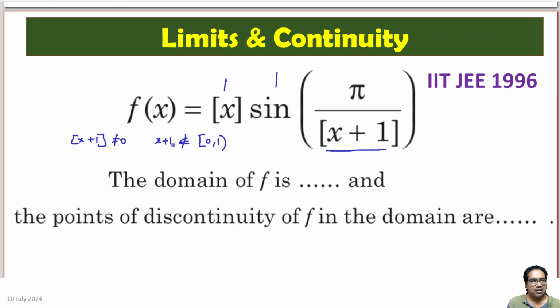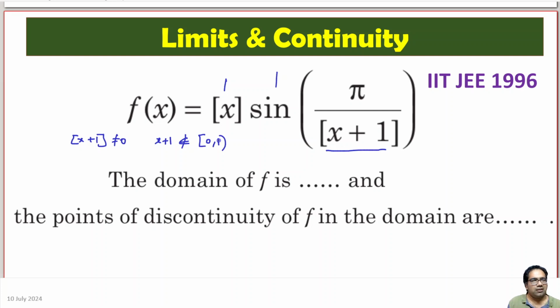X plus 1 cannot belong to [0, 1). When x plus 1 is 0.5, then greatest integer function of x plus 1 will be 0, or 0.1, then this part will become 0. So x plus 1 cannot belong to the interval 0 to 1, and x plus 1 cannot be 0 also.